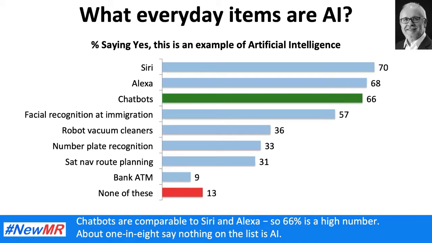The top two were Siri and Alexa. Then there was quite a drop down to the sort of facial recognition systems used when you go into and out of a country these days. And chatbots comes in there just behind Siri and Alexa. So now we have confidence in saying, yes, chatbots are comparable to Siri and Alexa. 66% is a high number.